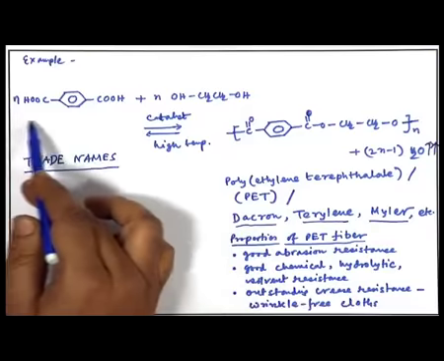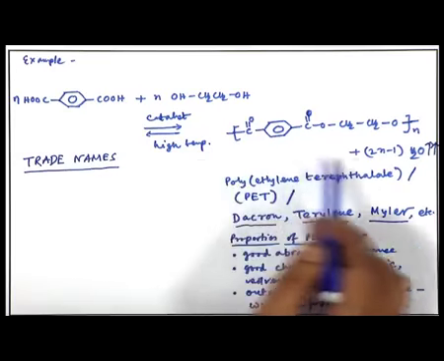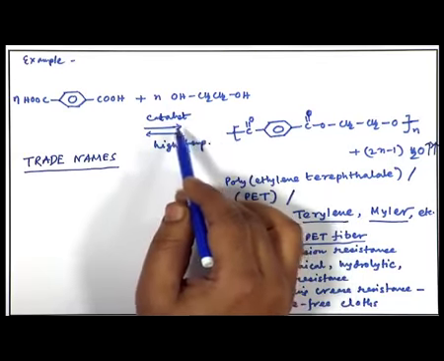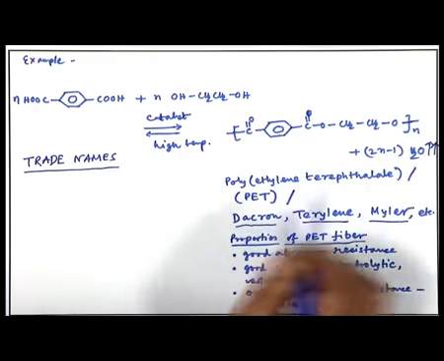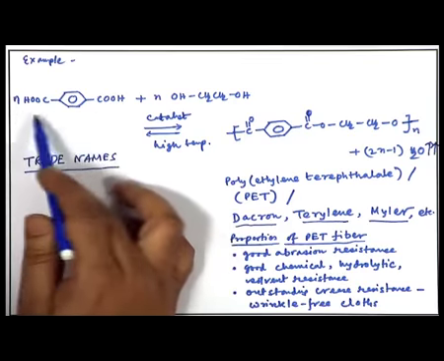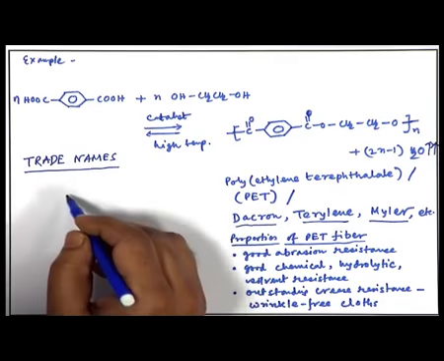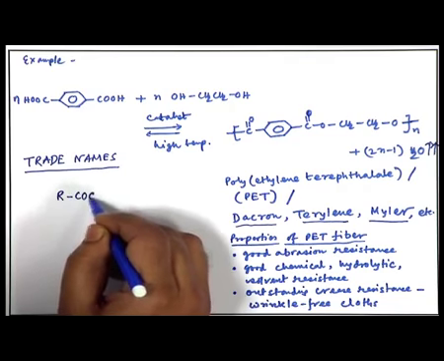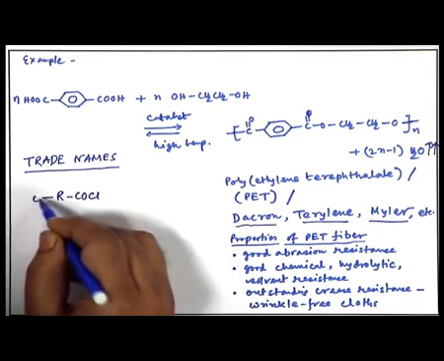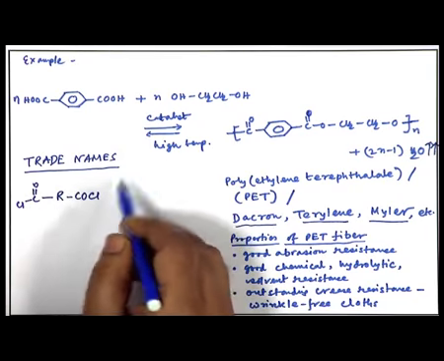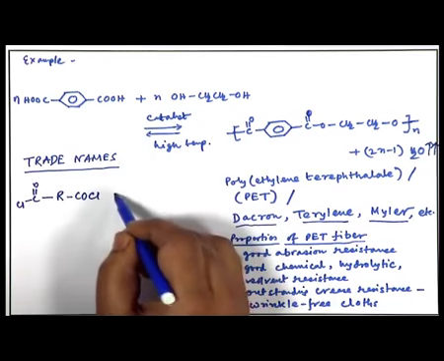Now, in this case we have seen this reaction is not very feasible, as we said. We require high temperature and we have to take out the water. To make this more feasible, sometimes instead of dicarboxylic acid, we can use acid chloride, diacid chloride, and react with diol.